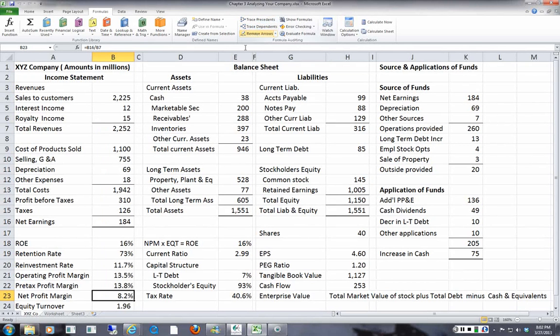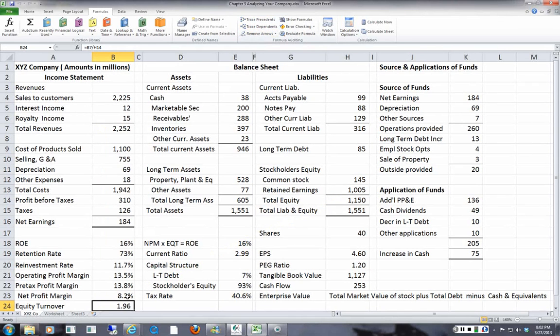That's pretty normal. A new wrinkle here is this equity turnover, which I have not seen before, but you basically take the equity of 1,150 and divide that into the total revenues of 2,252, and it comes up with 1.92. It's almost 2, what the equity turnover is.